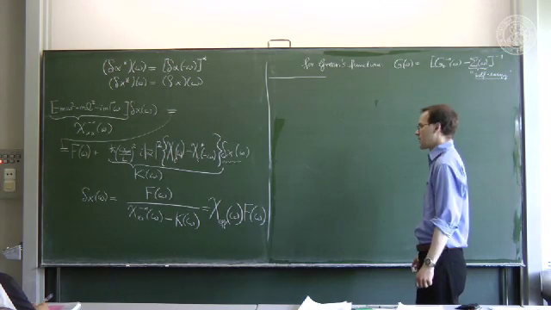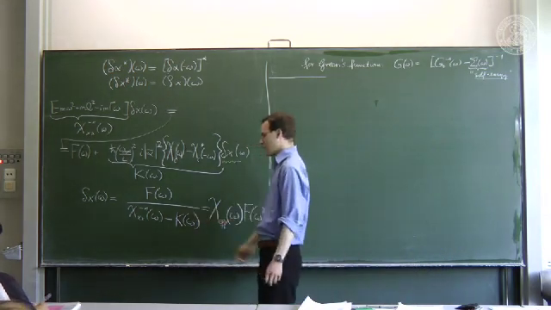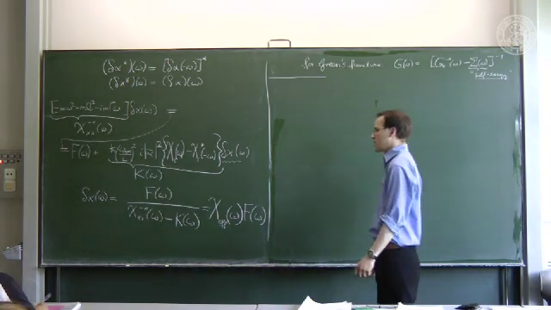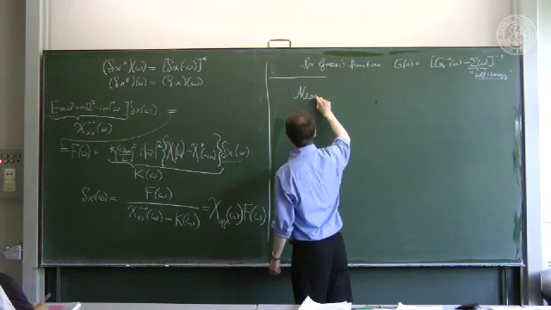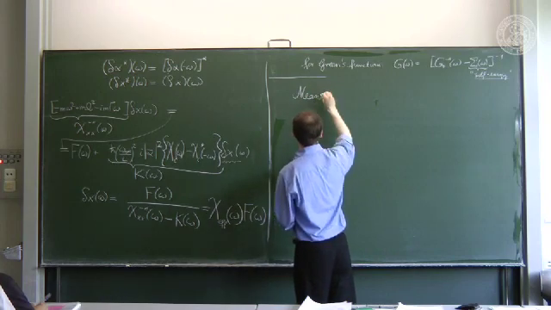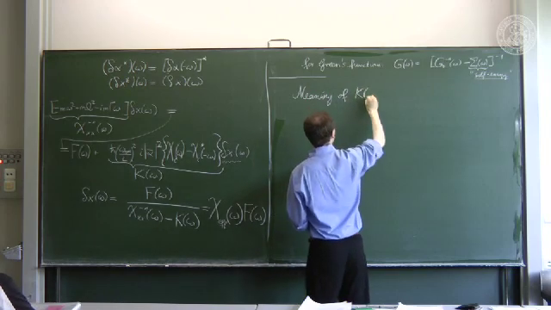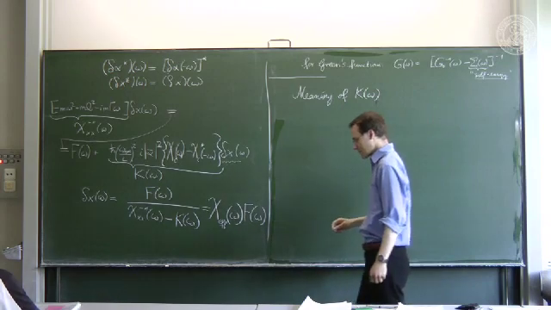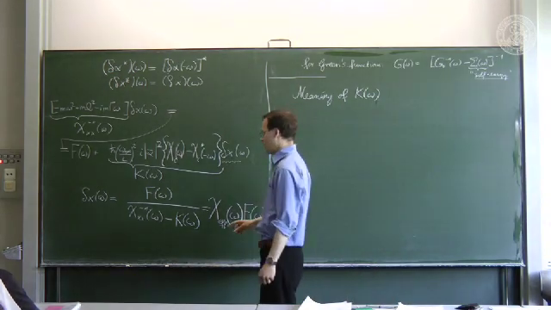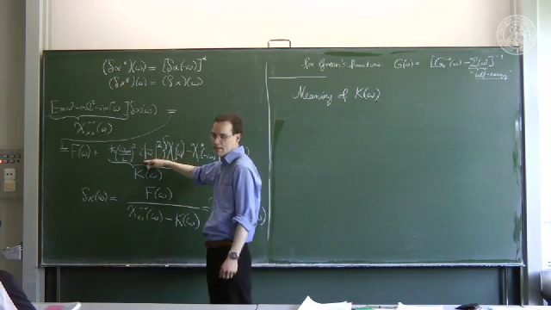Well, so how do you obtain the meaning of K of omega? How can you tell what it means? In general, it will be relatively hard, but we want to assume that the coupling is small, or in our case, that the light intensity is small.